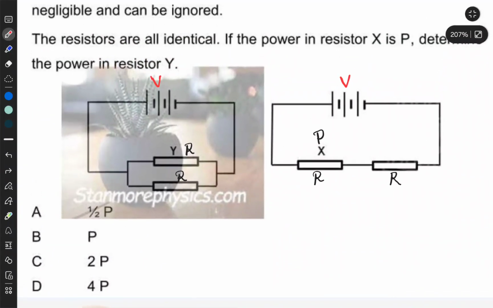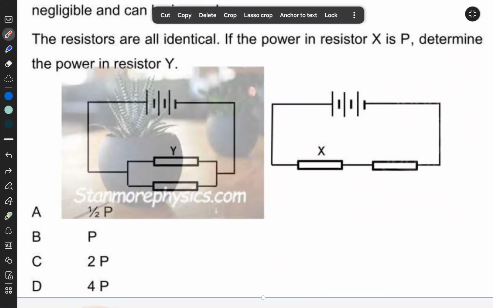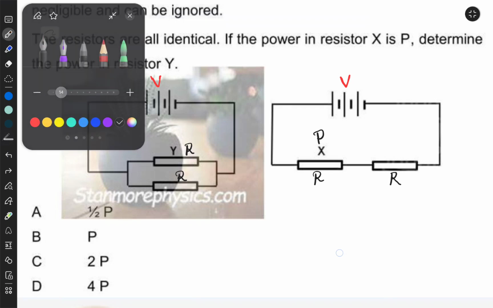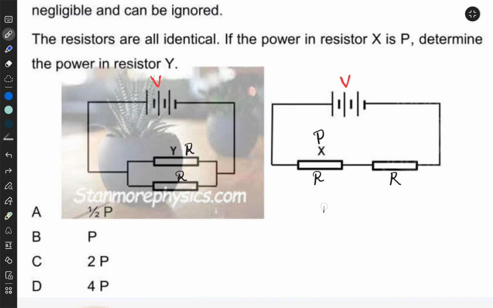Then the power dissipated by resistor X, let's call it PX, can be calculated using V squared over R. This is still stating the formula.